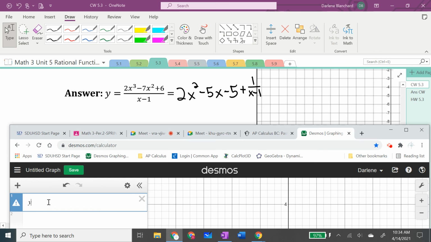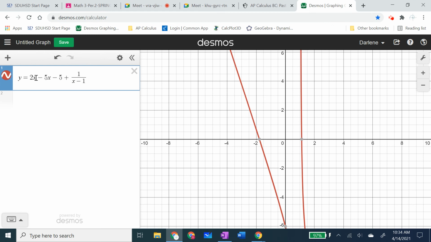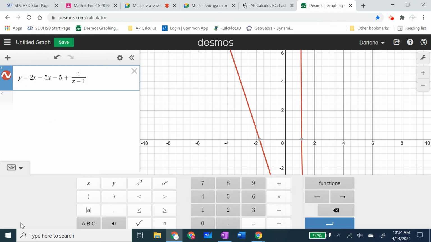Okay, so let's type that in. Y equals 2x squared. I'm going to put the squared in a minute. Because I need to stop looking at my problem to open this up.